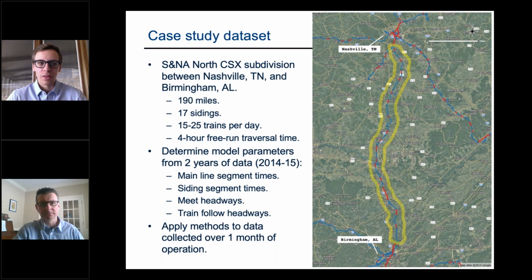But I think taking it one step further, not only can we assess what that impact would be, but we have the potential to actually optimize for things like the optimal location of a siding, or which are the optimal sidings to extend in length.